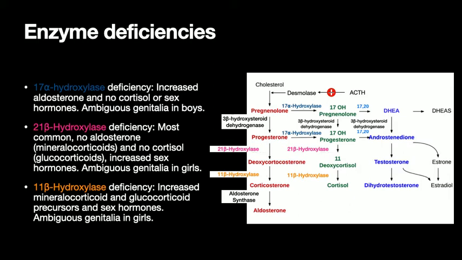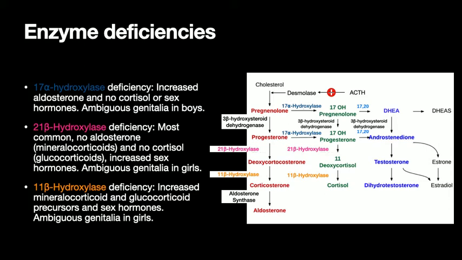17 alpha hydroxylase deficiency results in the knockout of your glucocorticoid pathway and your sex hormone pathway, and it leads to increased production of aldosterone. Increased aldosterone causes hypertension, hypernatremia, hypokalemia, and can cause metabolic alkalosis.